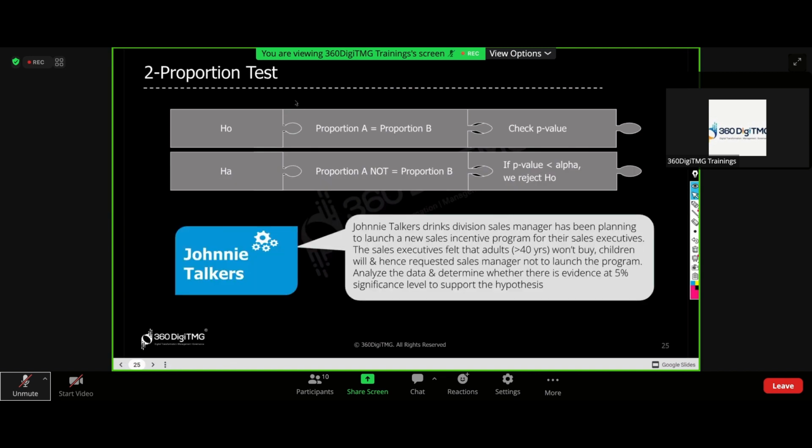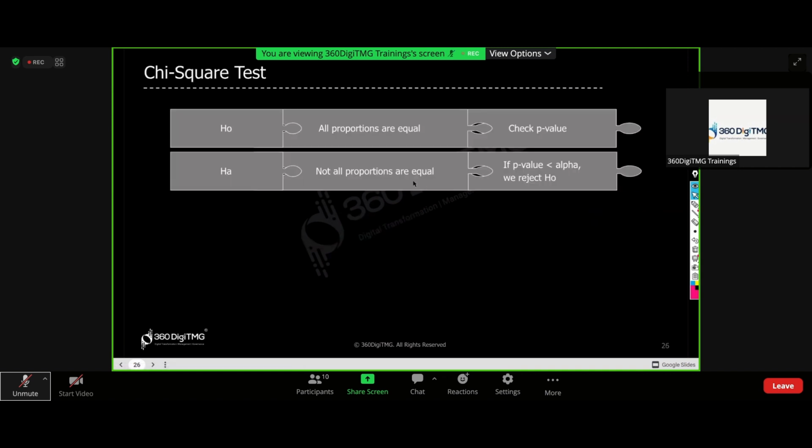This is another, the two proportion test we have. Then you have the chi-square test. These are the things. You check P values when it is H naught and you check HA. If P value is less than alpha, we reject it. That is what I said: P low, null go; P high, null fly.